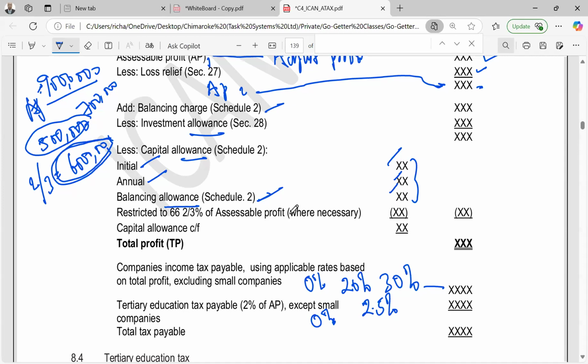So when you do that, you have your tax payable. You add the education tax to your company income tax, and you get your tax payable.